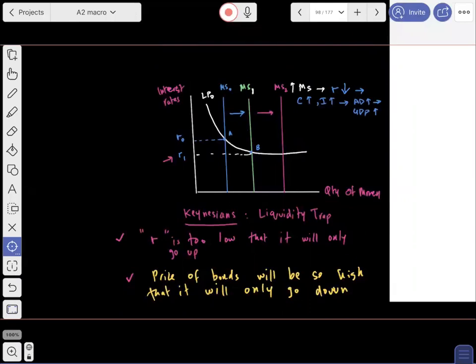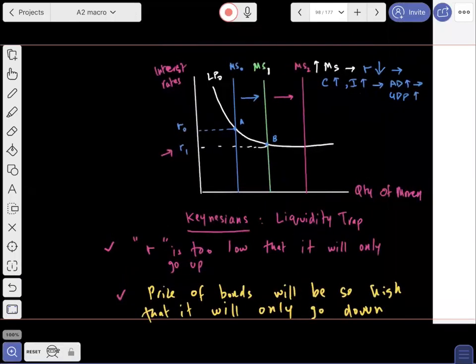So what Keynesians argue is this, that there comes a point when the money supply is going up and people stop responding to the change in money supply, rather than buying bonds. When the interest rate goes down, the price of bonds will go up. They are saying here interest rate इतना गिर गया that people are not going to buy.